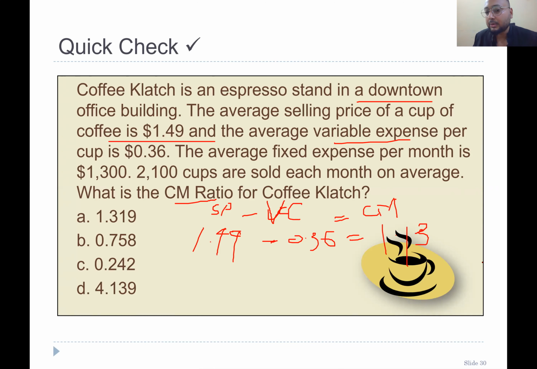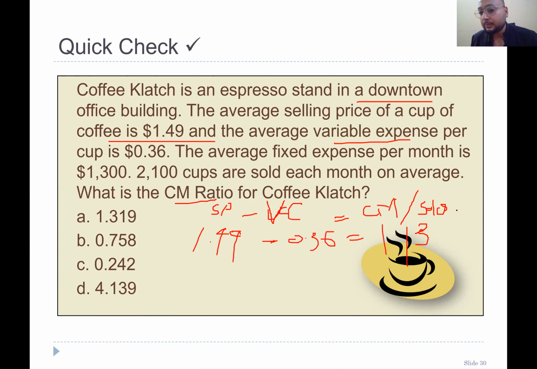CM ratio would be CM divided by sales. If CM is per unit, then sales would be per unit. Remember that one. If CM is in dollars, then sales will be in dollars. You have to compare apples to apples. If the base is dollars, then the numerator also would be dollars. If numerator and sales are both in units, then the answer would be correct.